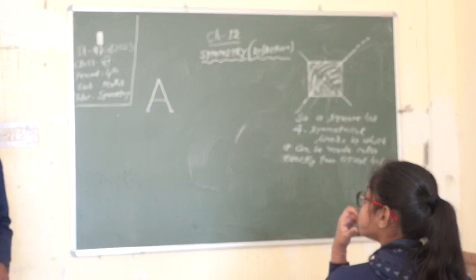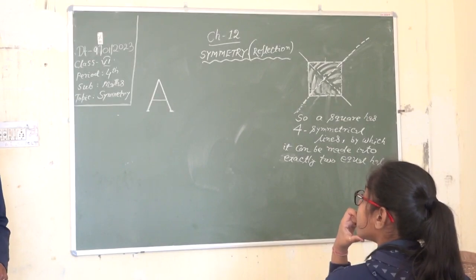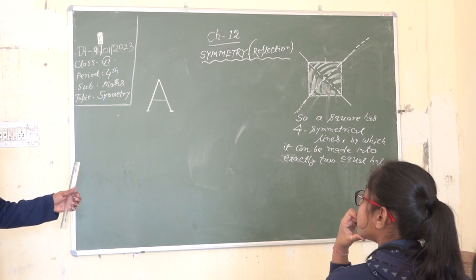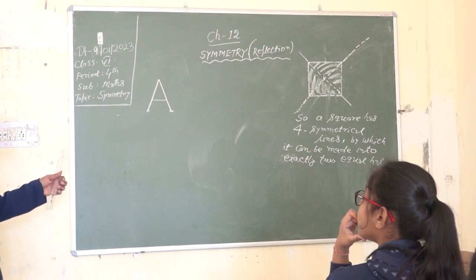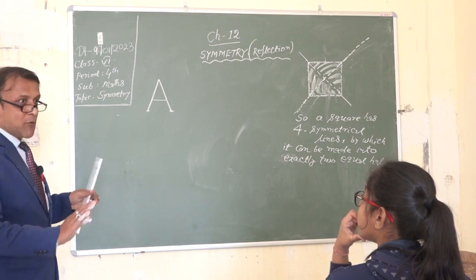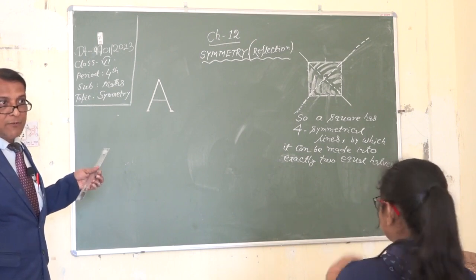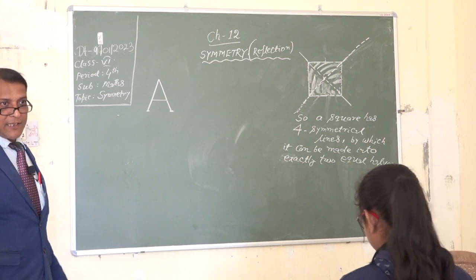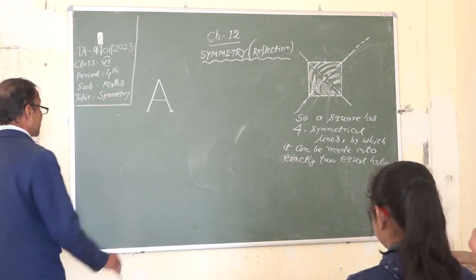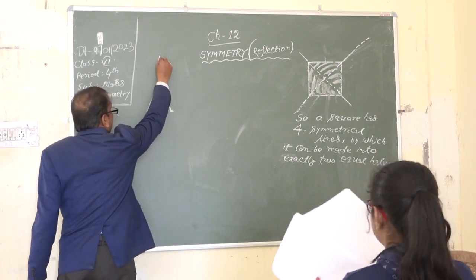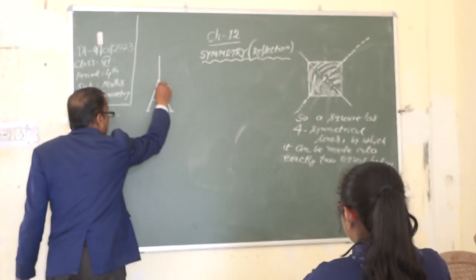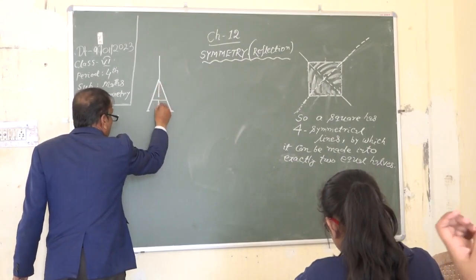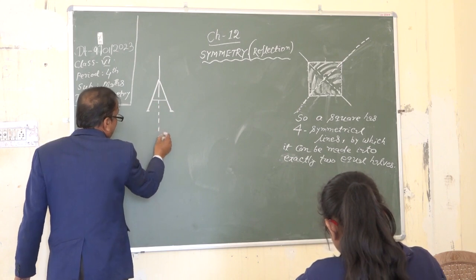I can make two equal parts of A by using a line. Which one will be that line? Vertical line or horizontal line? Vertical line. Yes, by a vertical line just passing through the vertex of the A, we can make exactly two equal halves.